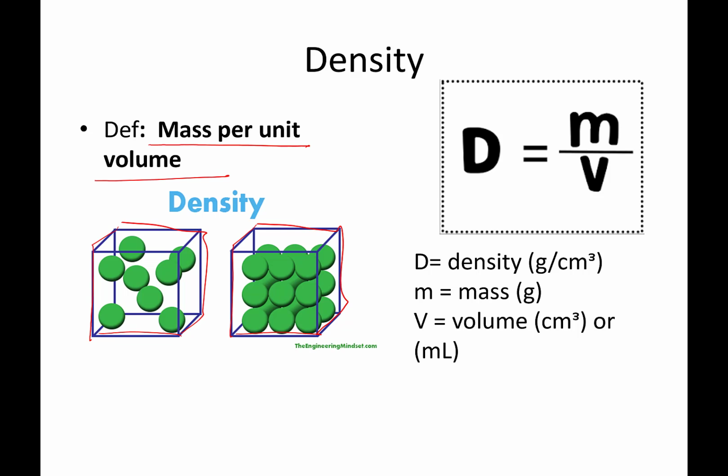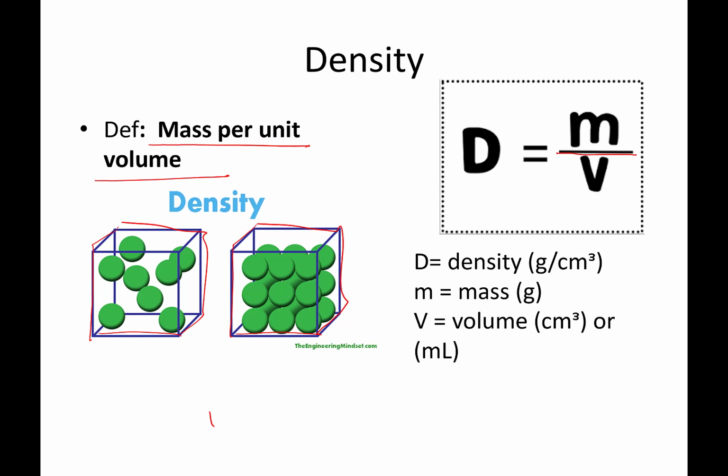Now, scientists actually mathematically can calculate the density of a material. Density is calculated by looking at the mass of an object divided by the volume that it occupies, where D represents density, and density can be measured in grams per cubic centimeter.